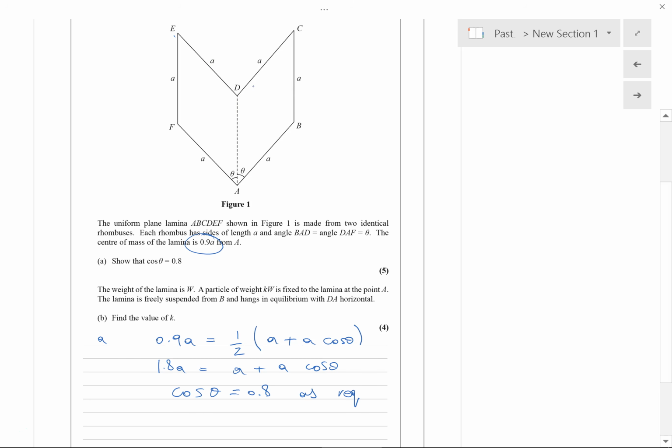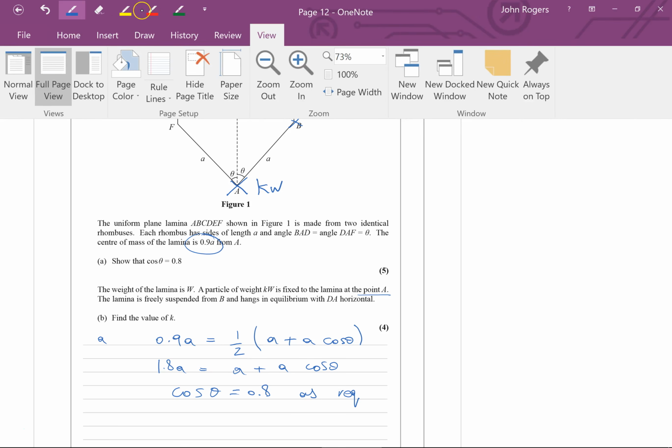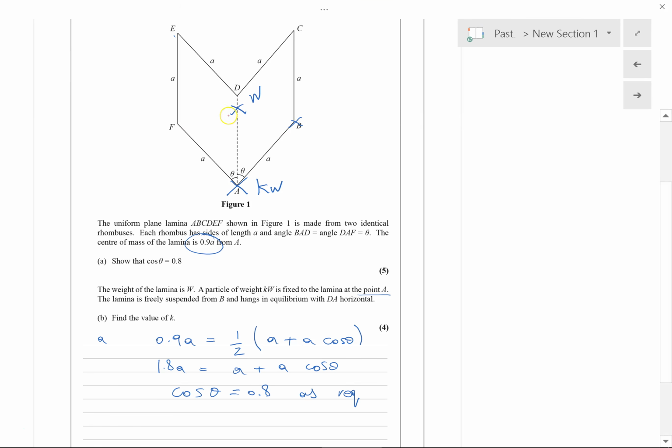Part B talks about, well, we now know that the total weight of the thing is W, and we're told that a weight of kW is suspended from A. So it's not suspended, it's placed at A, and it's freely suspended from B. Okay, and that DA is horizontal.